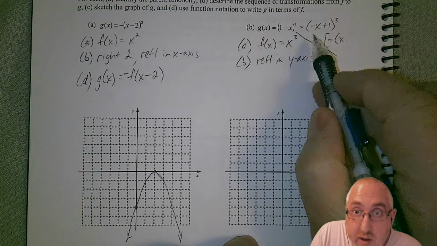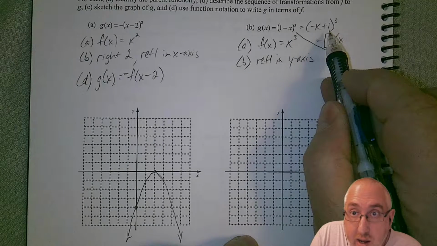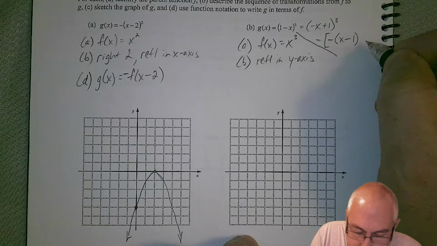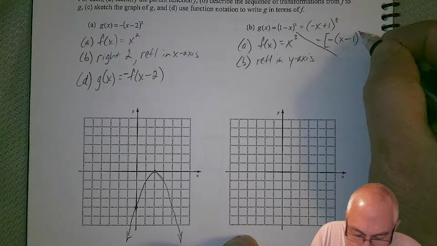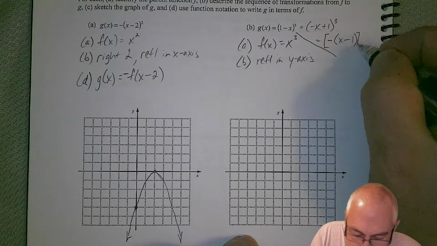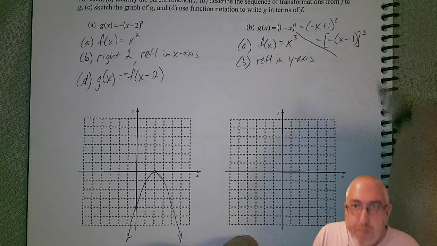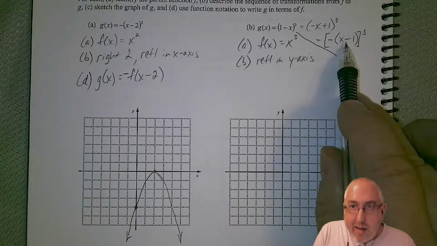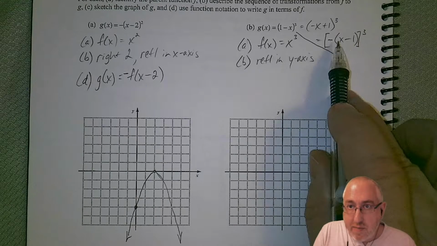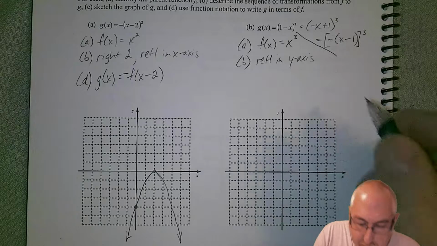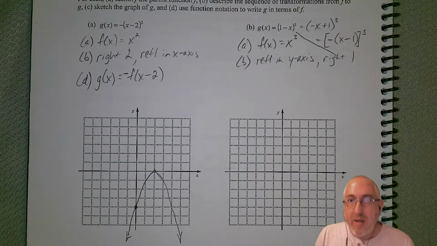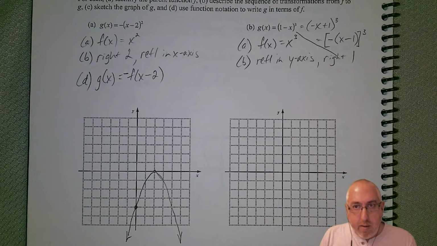So if we factor the negative off of the x and off of the 1, we get this. Now we can see that it is technically a minus 1 that's affecting the x. So this would be to the right 1 unit.